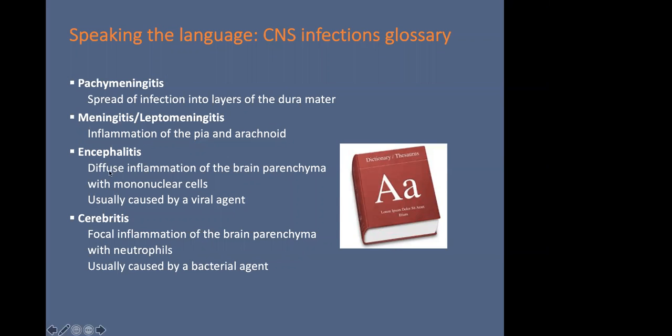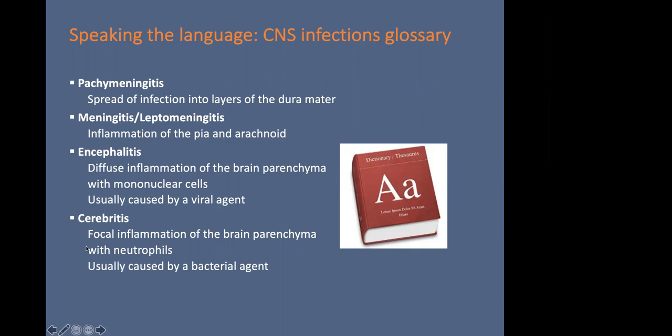Encephalitis is a term used to define more diffuse inflammation of the brain parenchyma. It's not located in any one particular area, and is usually caused by viral agents. The main inflammatory cells we see in encephalitis are chronic inflammatory cells like lymphocytes and macrophages.